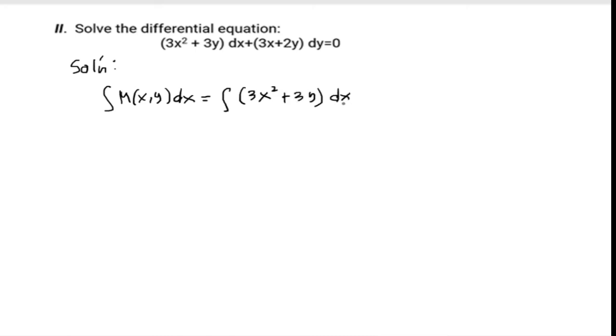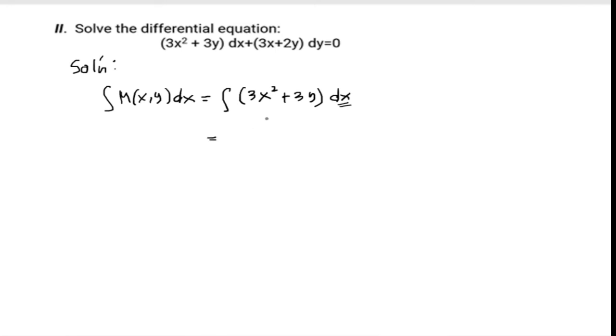We're also going to try to solve the problem using our shortcut method. For step 1, we're going to find the integral of our m xy dx. So that is integral of our m is 3x squared plus 3y dx. This is derivative of x, and we are going to assume y as constant.